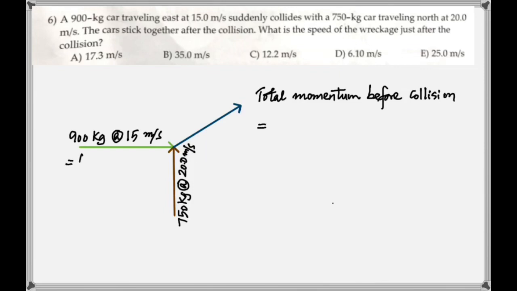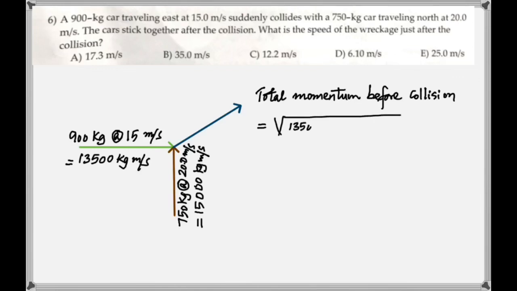But one is along the x, the other is along the y. So simply square both, add them, take the square root. So I've just found the numbers first. 900 times 15 is 13,500. And 750 times 20 gives 15,000. So once you get those two numbers, square them, add them, take the square root. That gives the total momentum.